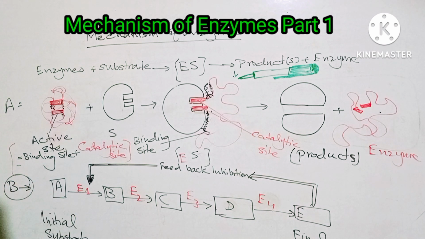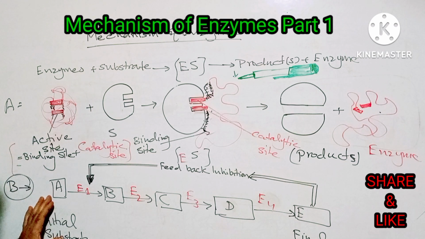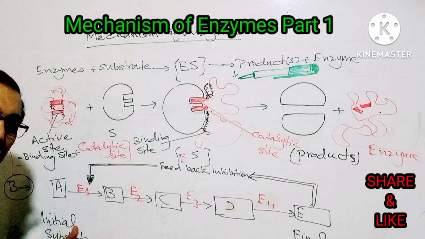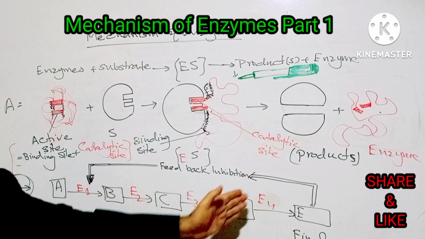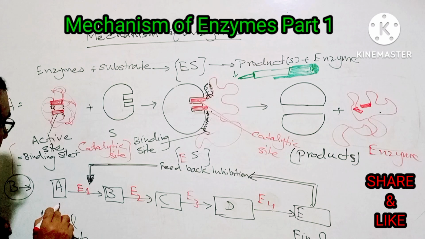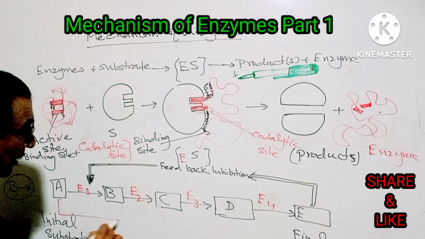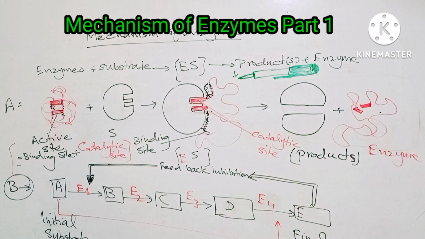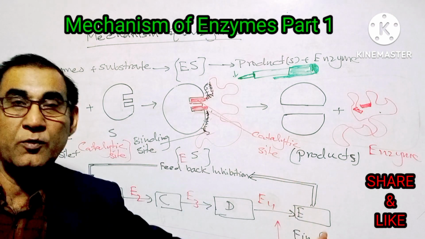That is one thing. The second is that the initial substrate, as it comes, stimulates the system to speed up the reaction. For example, here is the initial substrate; it would act here, and the final product should be formed.